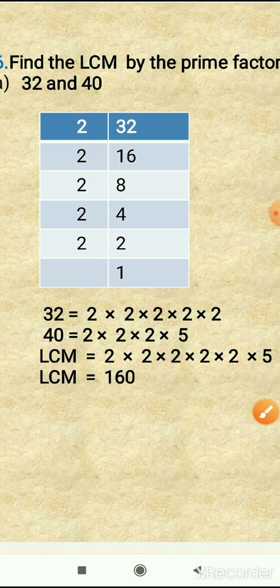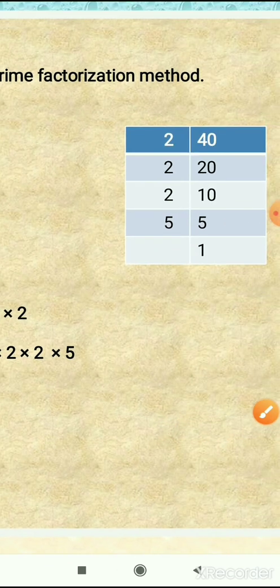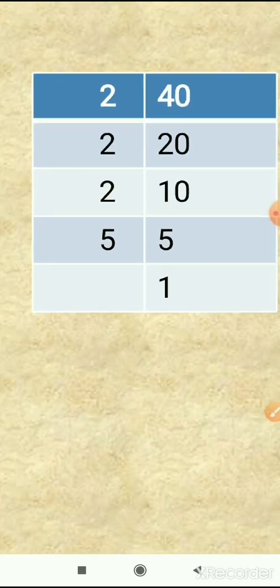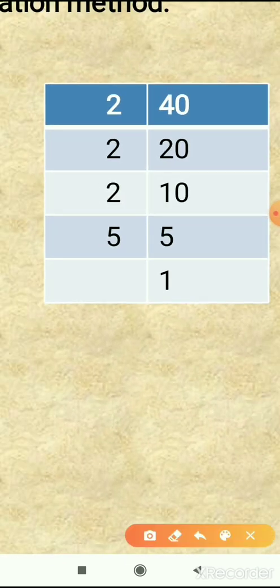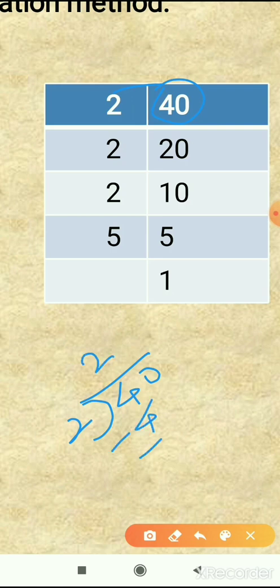Now we will find the prime factorization of 40. Okay, so see here, 40 is an even number. It is also divisible by 2. So we divide 40 by 2. Look here, we divide 40 by 2. 2 2s are 4 and 2 zeros are 0.